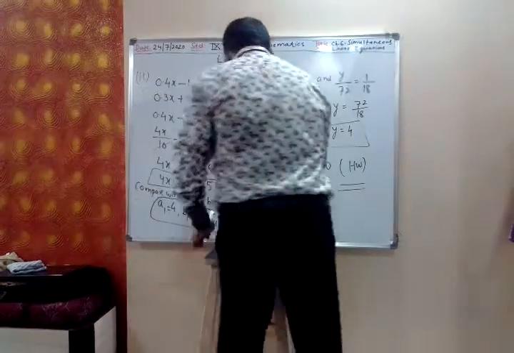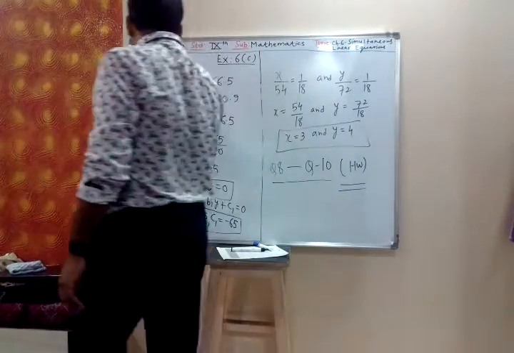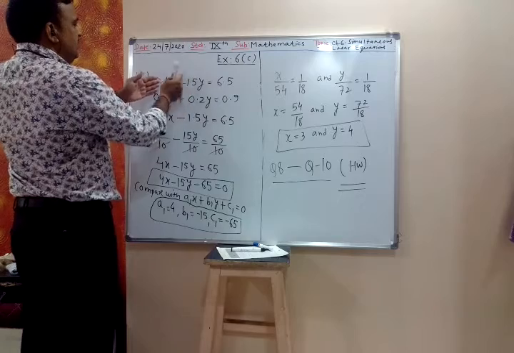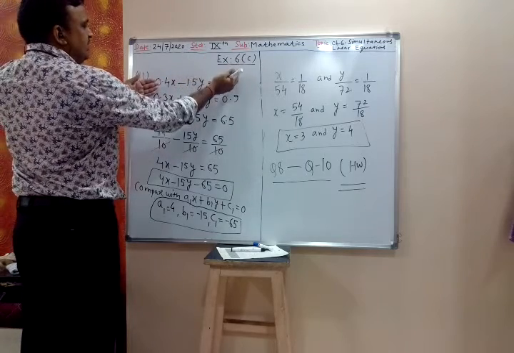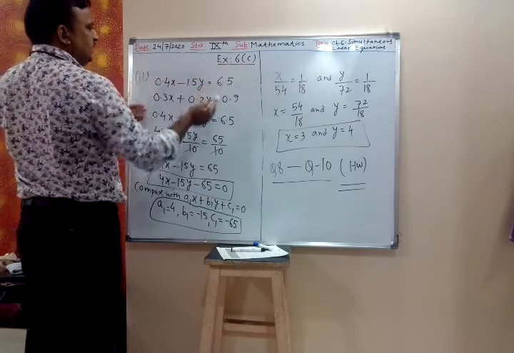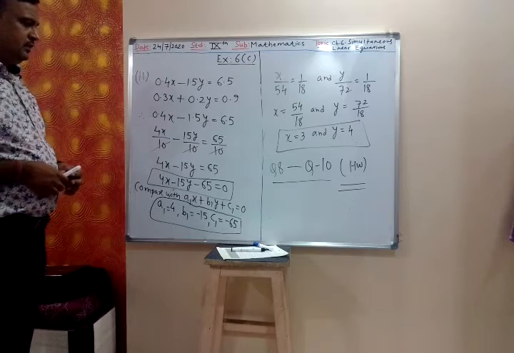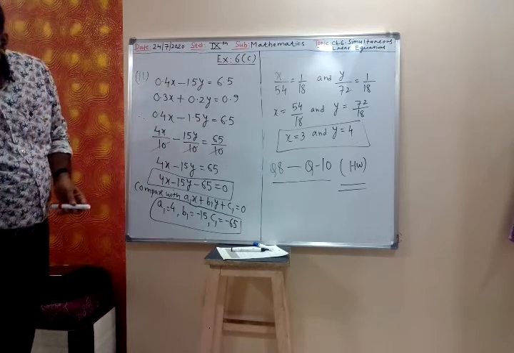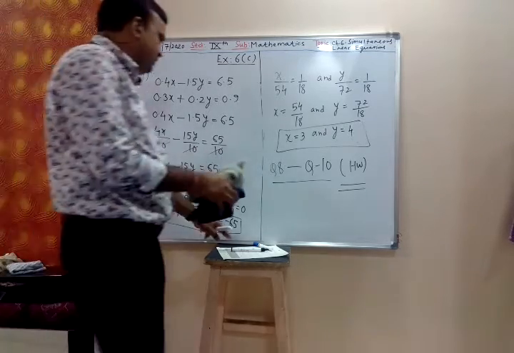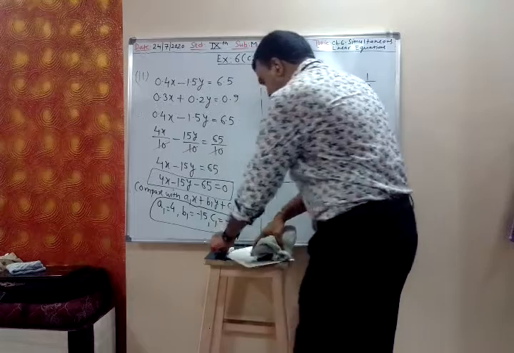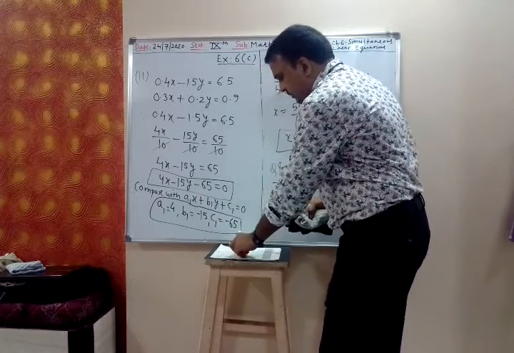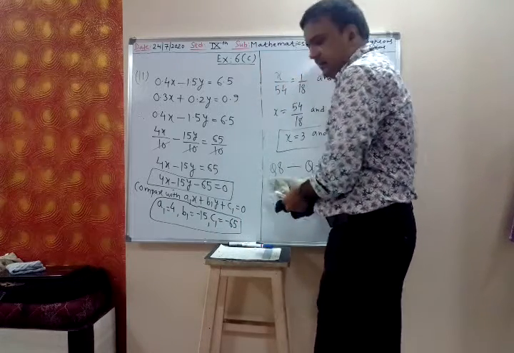In this question there are 2 terms on the left, 1 term is given on the right. So what I will do? Then I will take the third term also on the left side, because we want to compare with a1x plus b1y plus c1.